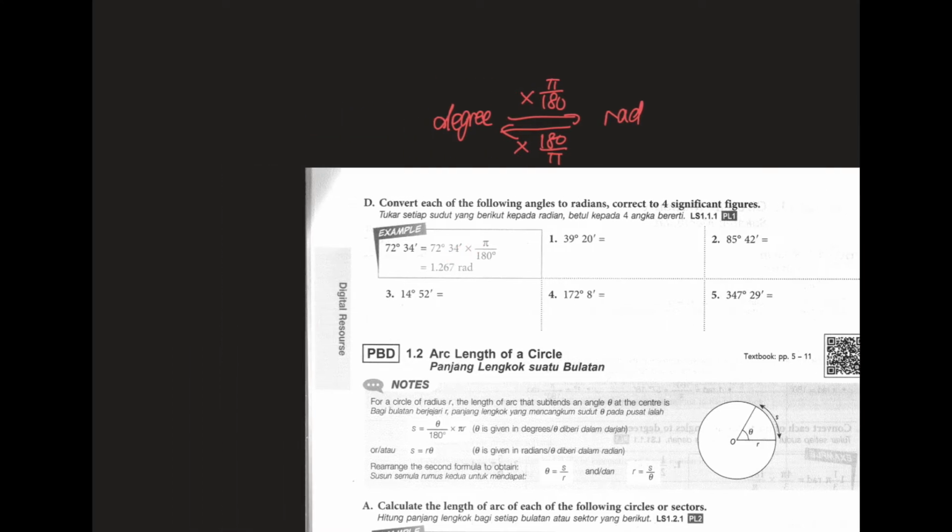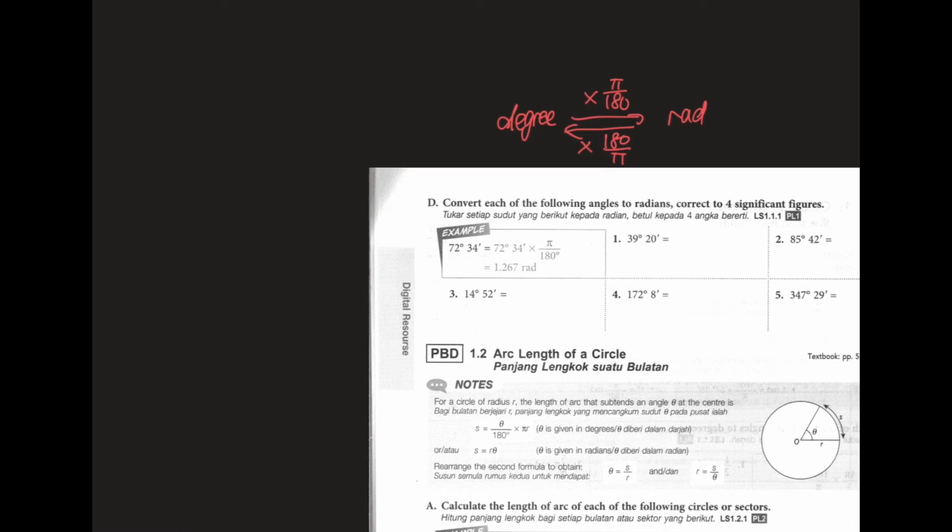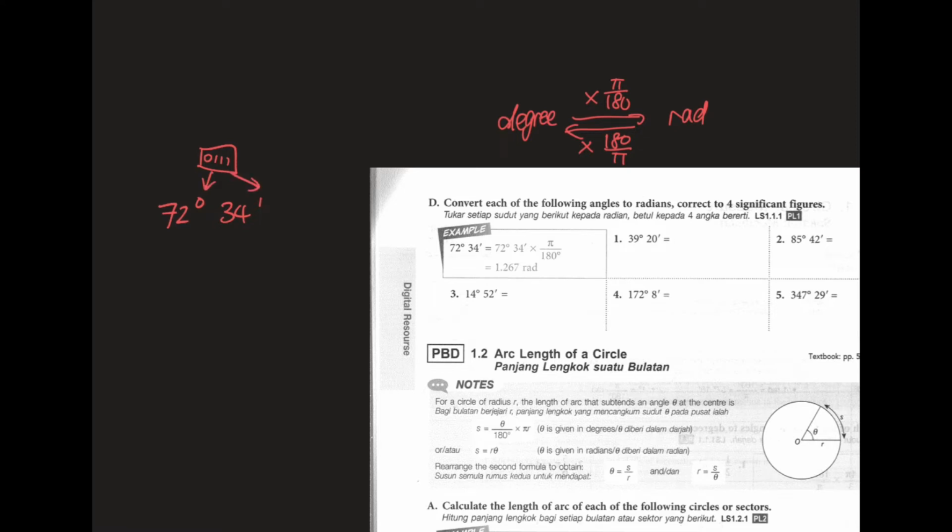When you press the calculator, you press 72 degrees. The degree is this button. Then 34 minutes. The minute is again the same button. And then after that, you times pi. My suggestion is you use the pi in the calculator. I don't know what calculator you are using.